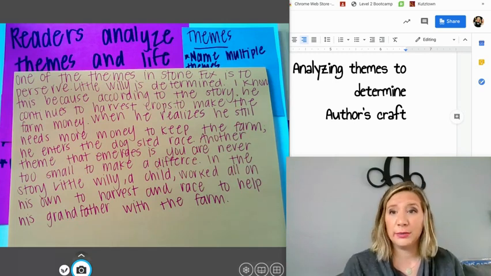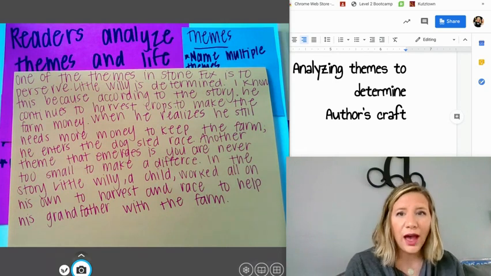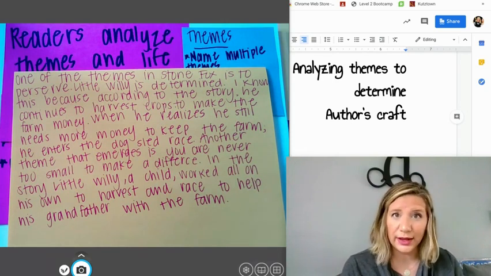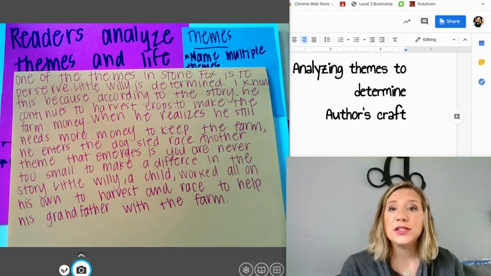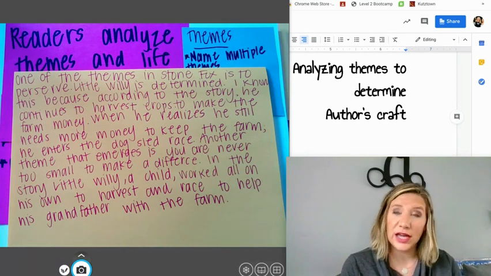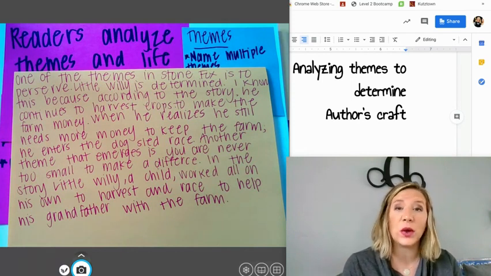Little Willie is determined. I know this because according to the story, we use that as a sentence starter, he continues to harvest crops to make the farm money. When he realizes he still needs more money to keep the farm, he enters the dog sled race. Okay, we've already done that work. This next piece is going to be new information.